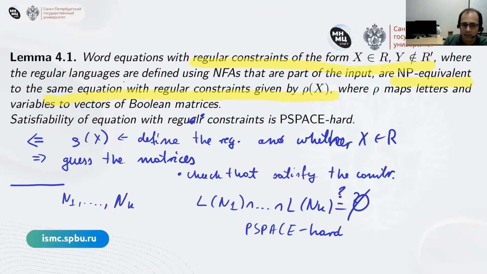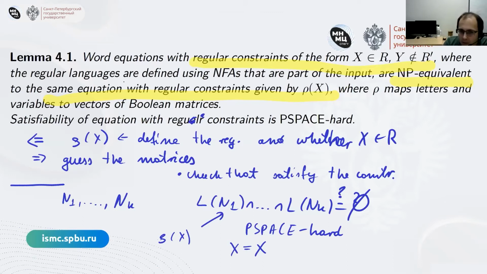And so since this is PSPACE-hard, then we could just specify the transition matrices for x such that the word which is described by that is accepted by all those automata, and then ask whether there is x which satisfies the equation with this simple constraint, whether it is satisfiable or not.